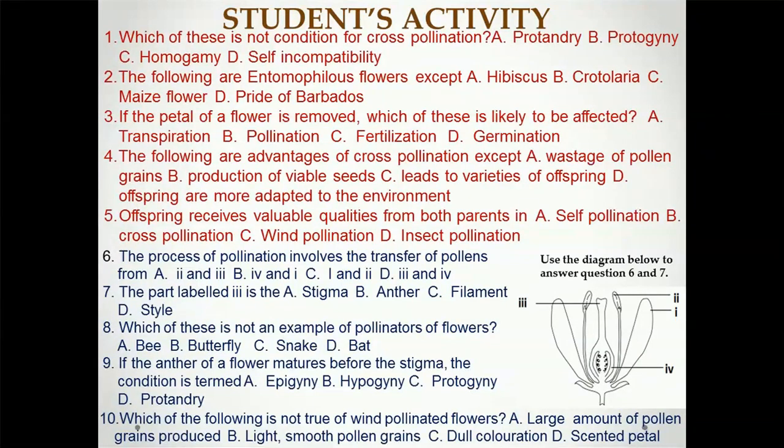While in the wind pollinated flowers, their petals are inconspicuous and very small. They don't have scent, their petals are not brightly colored, they don't have nectar. These are the differences between these two. So just take your time and take note. You should be able to know at least 6 of them in case of exam time.